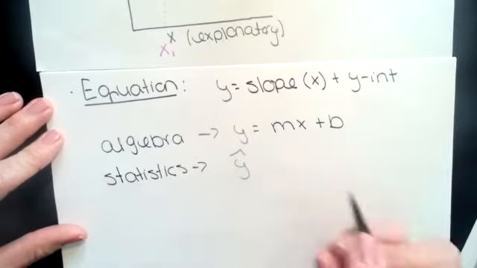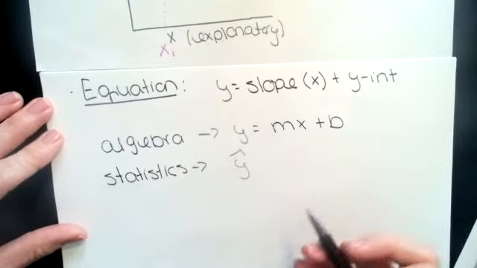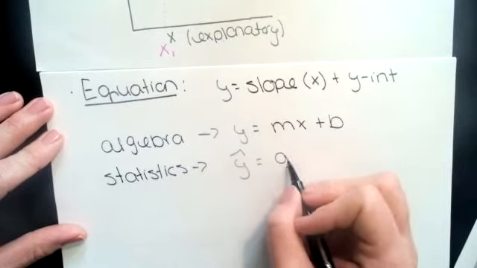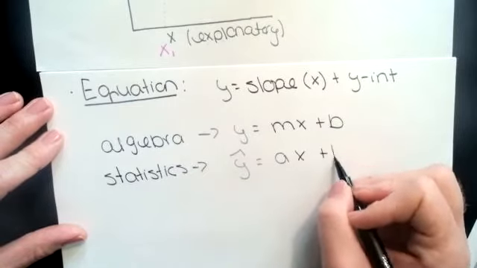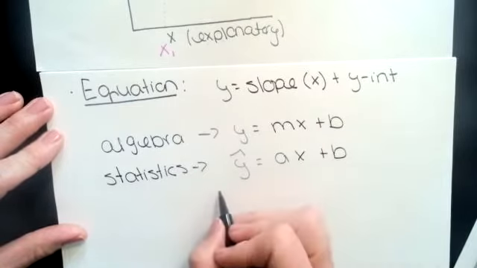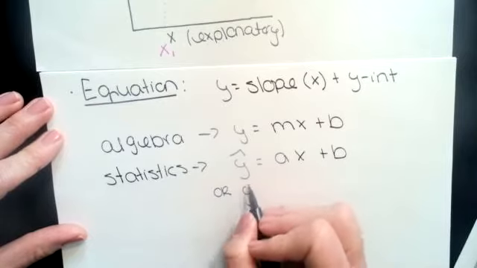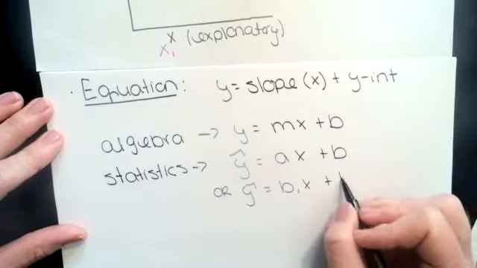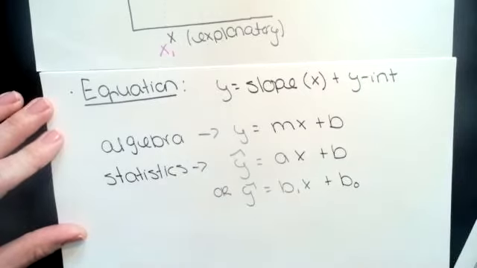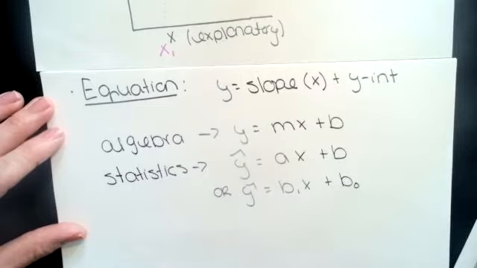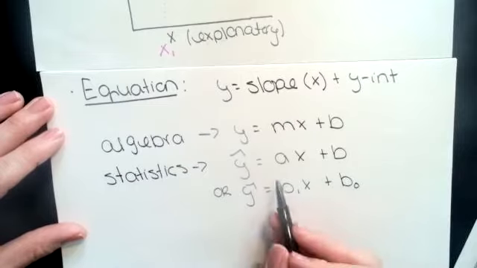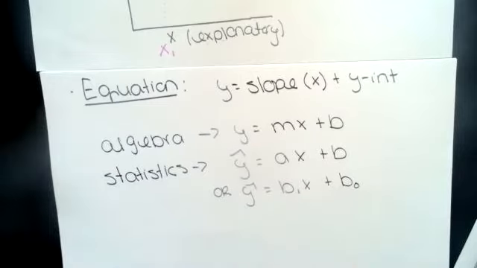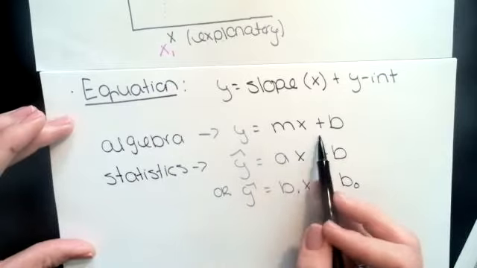It's y hat, meaning I'm predicting a value using my line, equal to ax plus b, or we could see it as y hat equals b1x plus b naught. It doesn't matter which format you use, it's all the same, even if you kept going back to the algebra format.